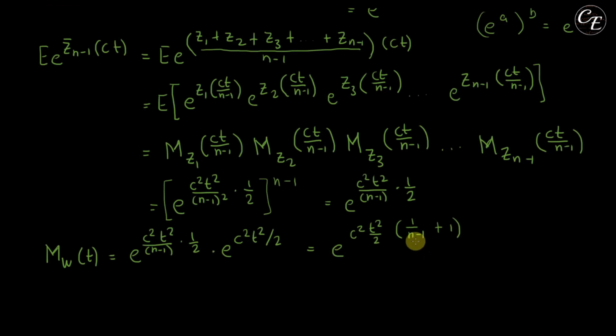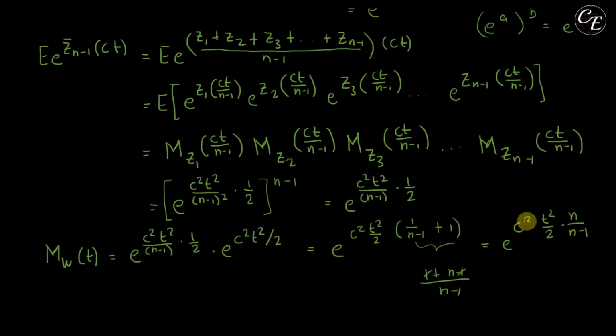And then this one is 1 plus n minus 1 over n minus 1, because n minus 1 over n minus 1 is 1, and then we have here 1 over n minus 1 in here. Then we can cancel out this 1 and negative 1. So it will become e raised to c squared t squared over 2 times n over n minus 1.